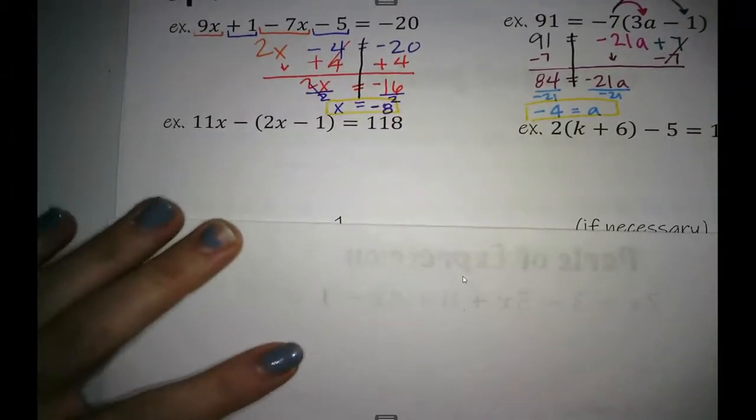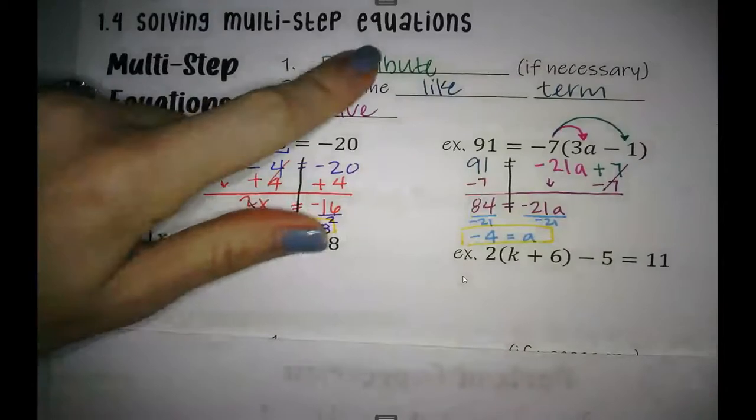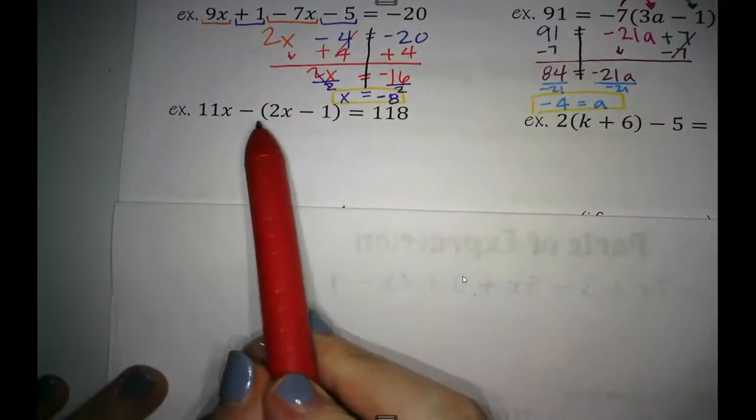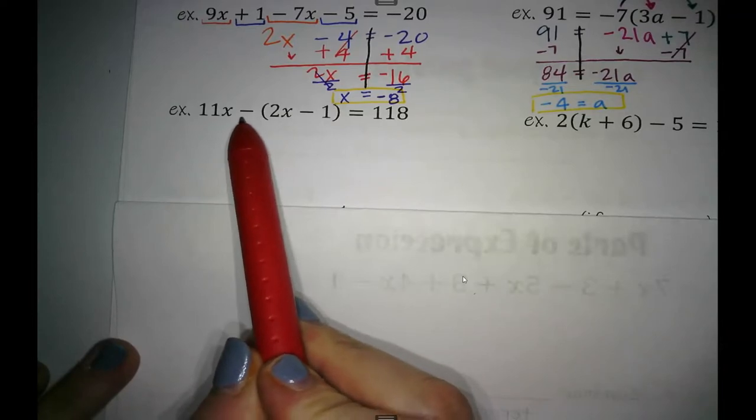All right, let's look at this third example. We've got 11x minus, open parentheses, 2x minus 1, close parentheses, equals 118. Do we need to distribute like our first step says to? Well, we don't have a number outside the parentheses, but we do have this negative sign. Remember, this is an understood 1.